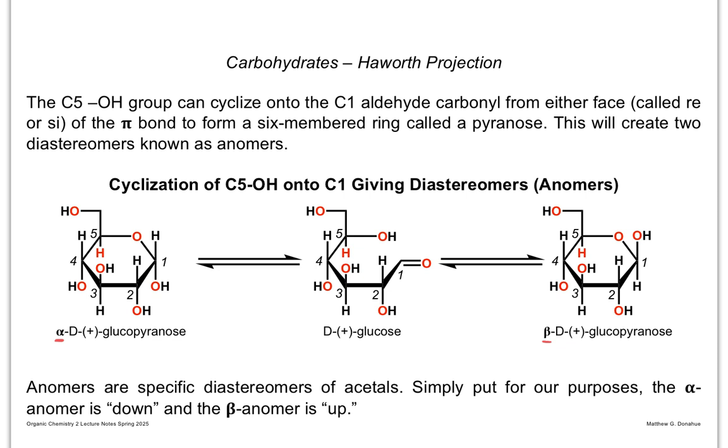But because carbon 1 is a different oxidation state, 2, they're called anomers. Anomers are epimeric acetals. So aldehyde, acetal, and remember that the definition was oxidation state 2, but the carbon's sp3 hybridized.